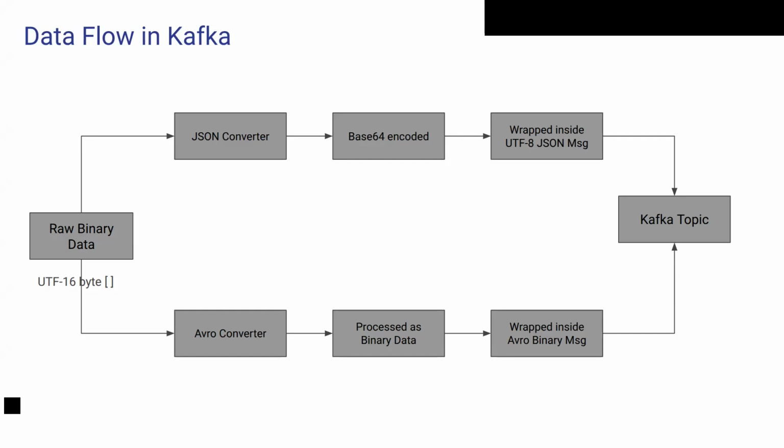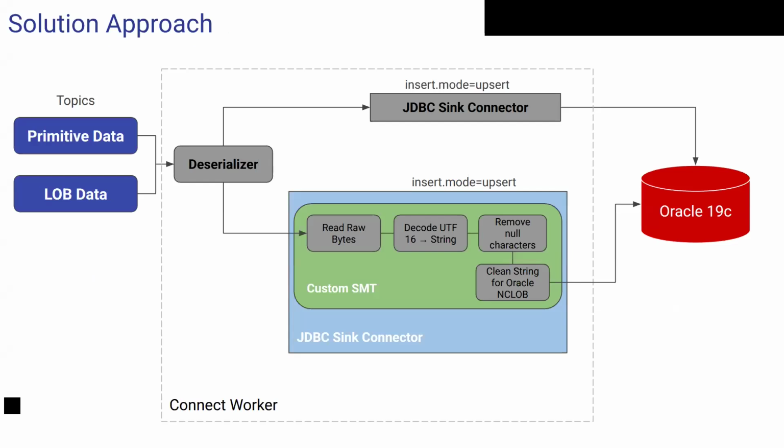How do we recreate the actual message so that the data can be sourced from the Kafka topic and published into the destination Oracle DB? So this is the solution that we approached. For the primitive data, we do not have to do any conversion. The data can be read as it is because there is no conversion and no wrapped message, it is a simple plain UTF message.